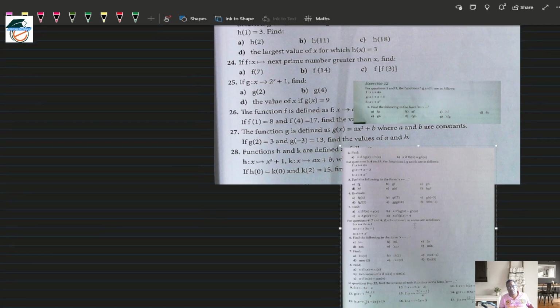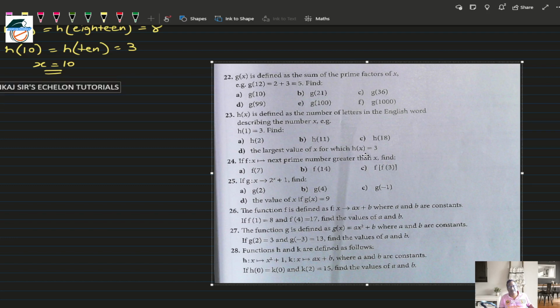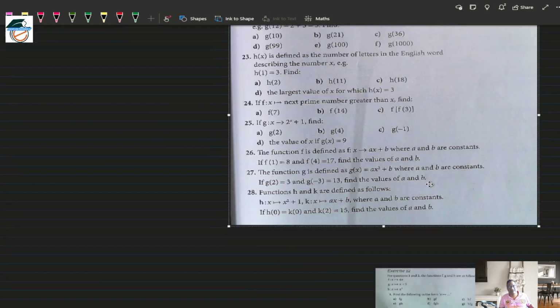I have to do some manipulations on the screen, right? Create some space. Okay, that should be enough.